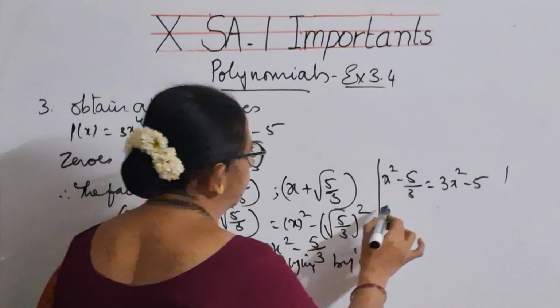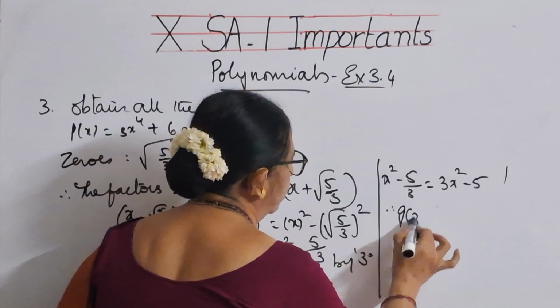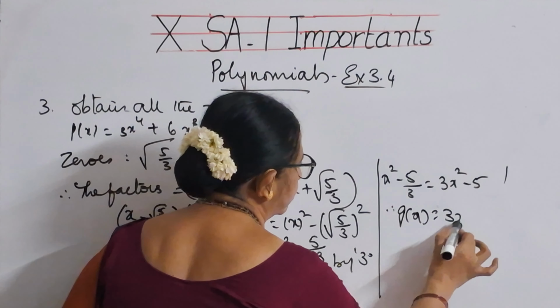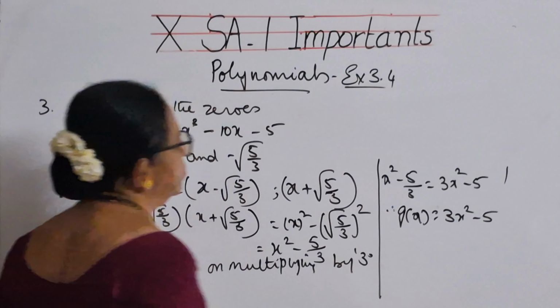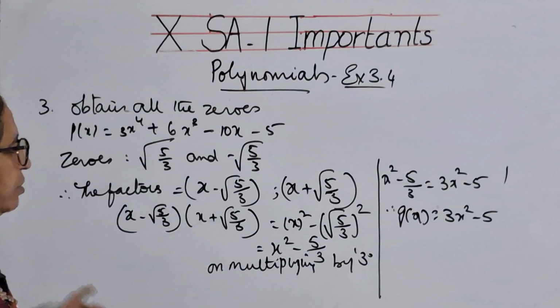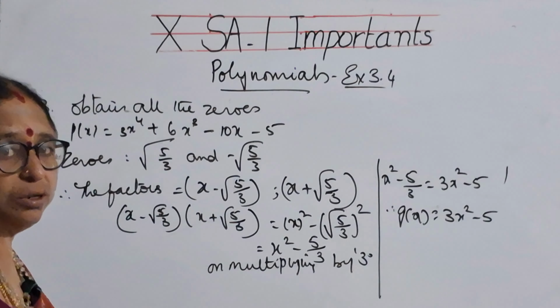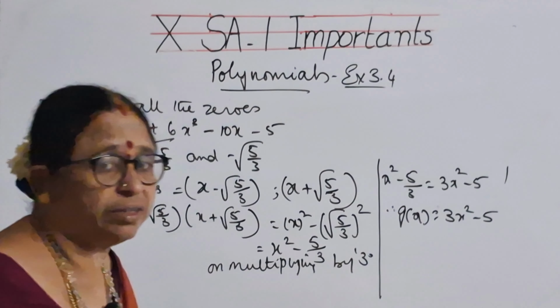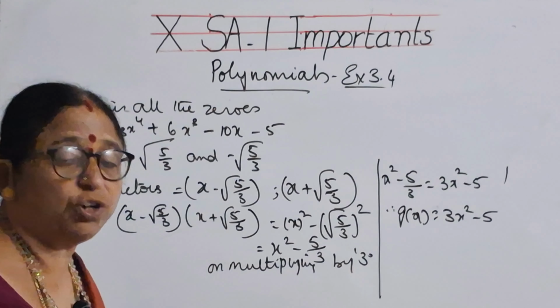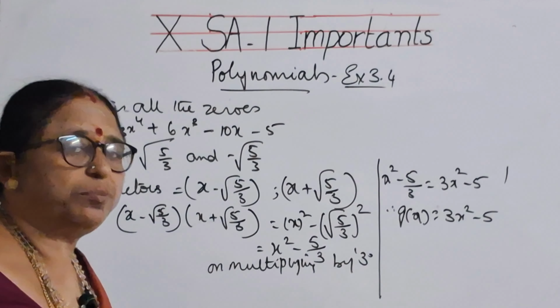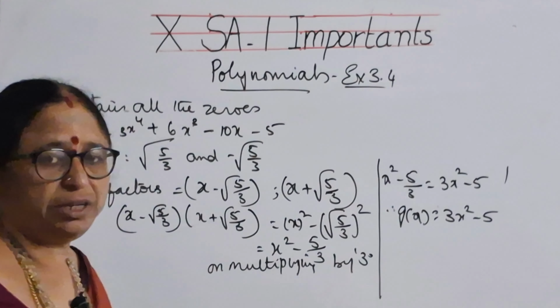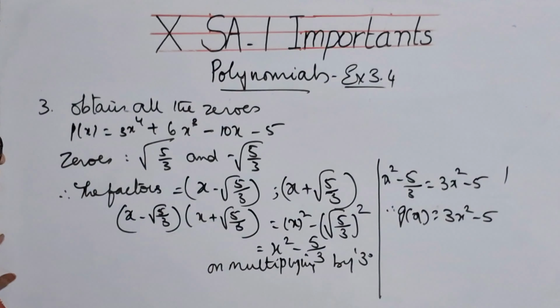So you can take g of x as 3x square minus 5. By taking this, we need to divide so that you get a quadratic as the quotient q of x. Split the middle term and you are going to get the remaining 2 zeros. I hope up to this you have copied this.